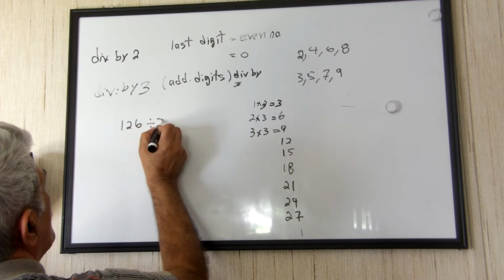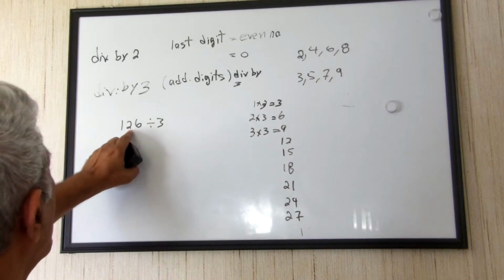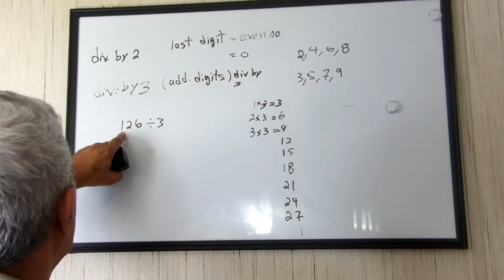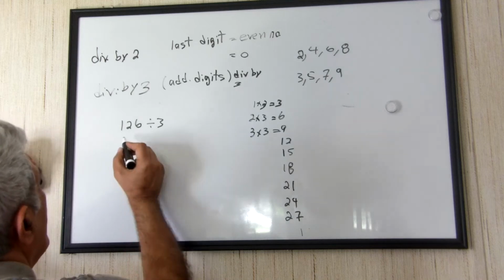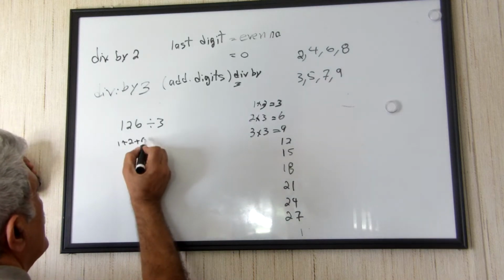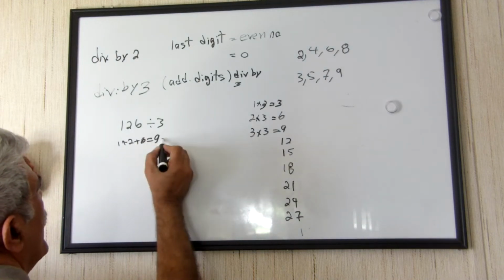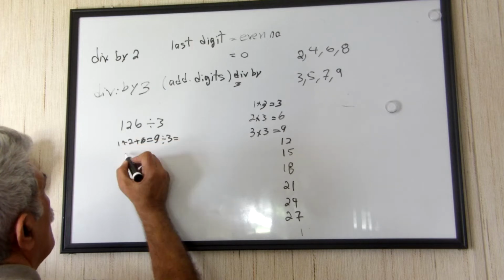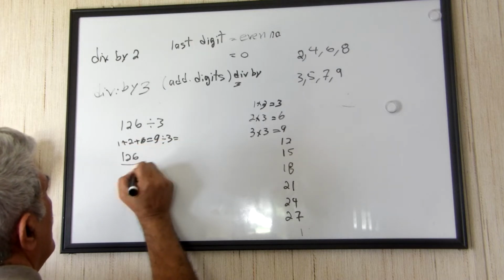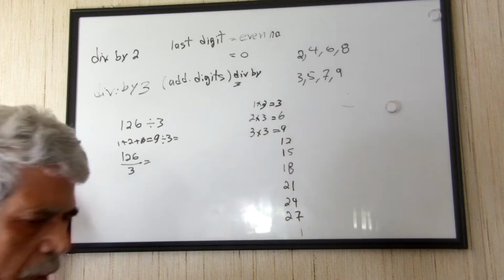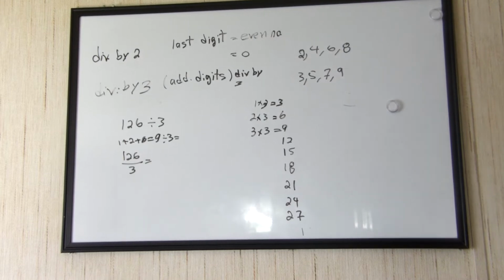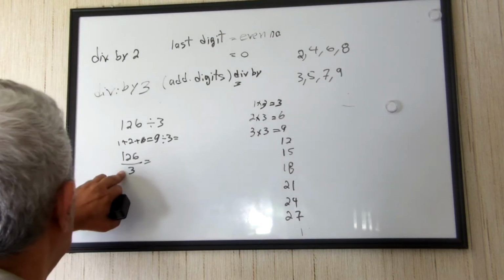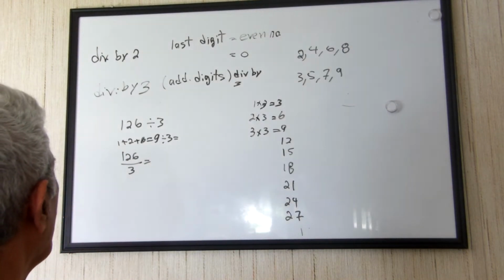This is divisible by 3 because you add these together. 1 plus 2 plus 6 is equal to 9. So 9 is divisible by 3. So 126 is divisible by 3. So this way you can find out what numbers are divisible by 3.